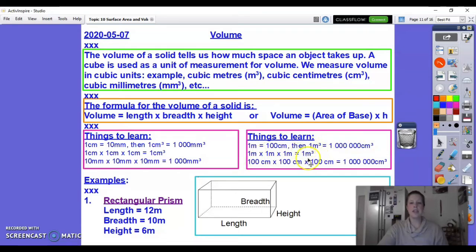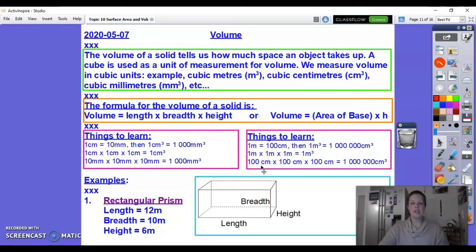1 meter cubed is the volume of a cube that has dimensions 1 meter by 1 meter by 1 meter. So 1 times 1 times 1 gives me 1, and I've got 3 m's, meaning 3 dimensions. It's volume. Now I need to prove that 1 meter cubed is in fact 1 million centimeters cubed. So I say 1 meter is equal to 100 centimeters.